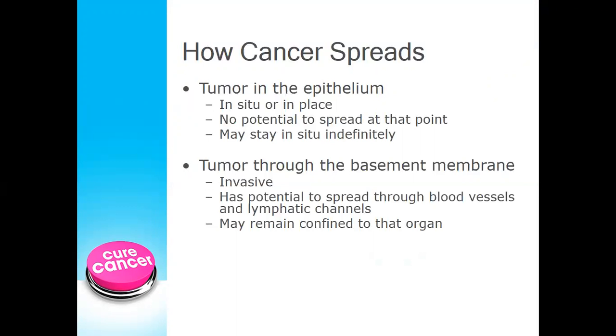Once the cancerous tumor has gone through that basement membrane, it is invasive because it has the potential to spread through the blood vessels and lymphatic channels to other parts of the body. An invasive cancer may remain confined to the organ where it started. However, it does have two ways in which it can spread.